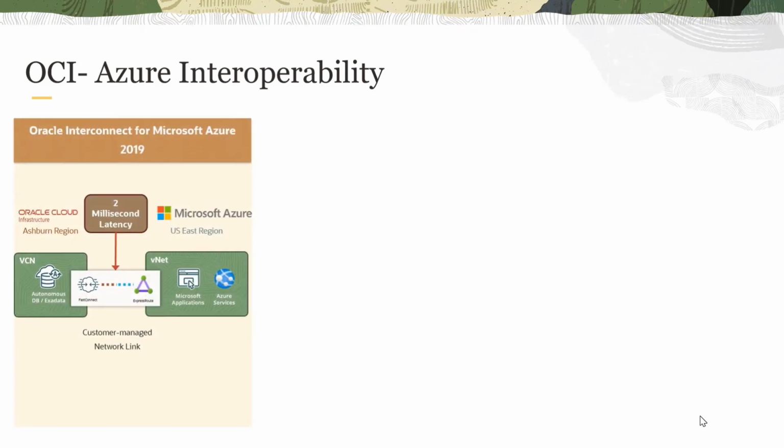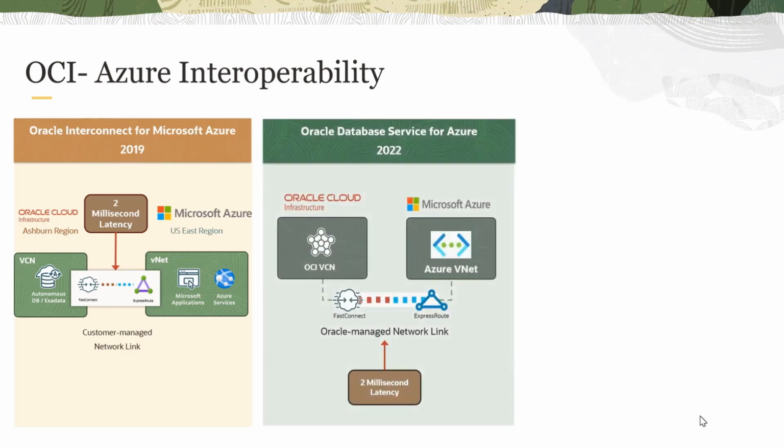The partnership added its first capability in 2019 to establish a private low latency interconnect between Azure and OCI that enabled faster and secured communication between the deployments in OCI and Azure. The next capability is called Oracle Database Service for Azure. It relieved customers from manual configuration of the private interconnect by providing an Oracle managed network link between OCI and Azure.